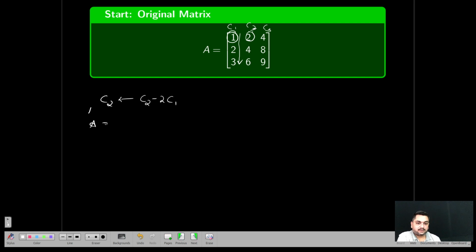The resultant matrix will be 1, 2, 3, then 0, 0, 0, and 4, 8, 9 remain. What is the next condition? This has to be swapped, right? The last column should be zeros. That is the column echelon form condition. So now you just swap C2 and C3, interchange.